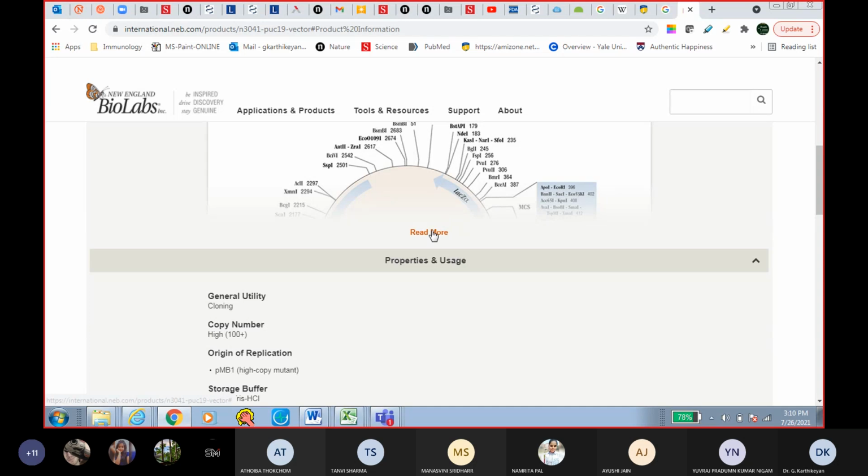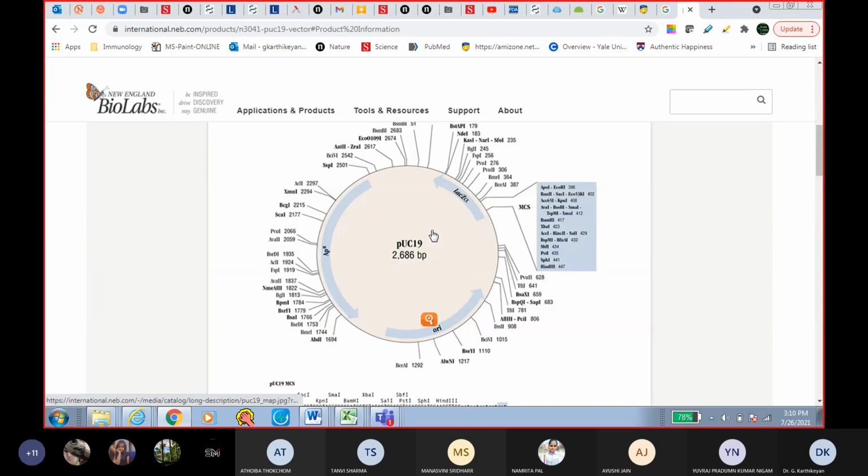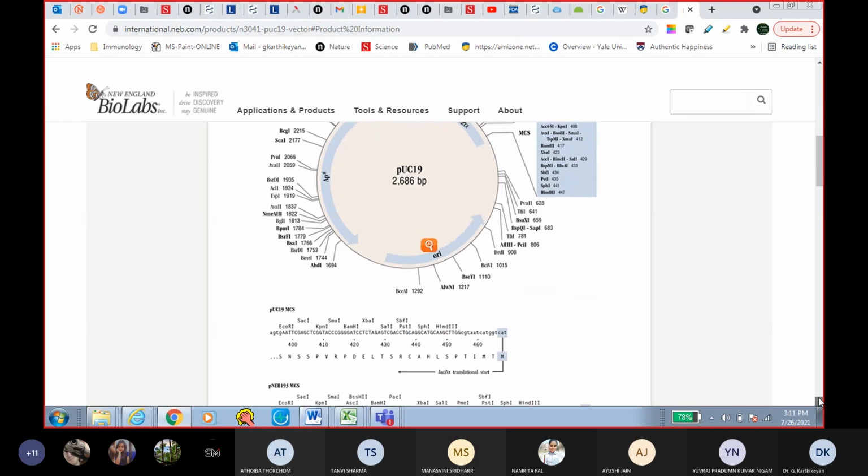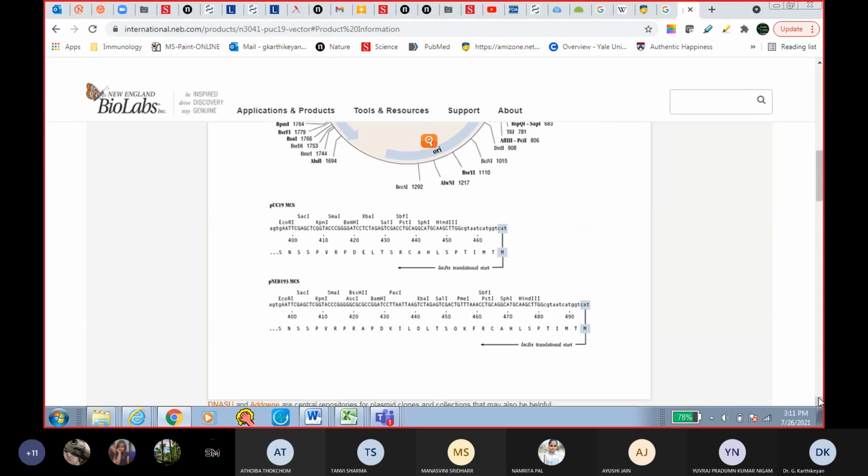So this is how the pUC map looks, and this is the multiple cloning site. As you can see, it carries sites for more than 10 restriction enzymes. Now these are advanced versions which carry even more restriction enzymes.